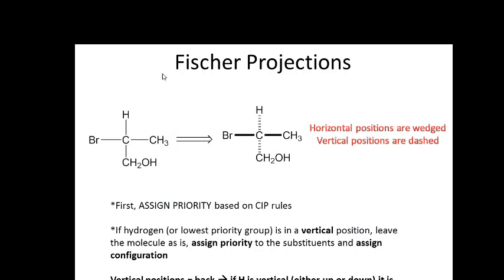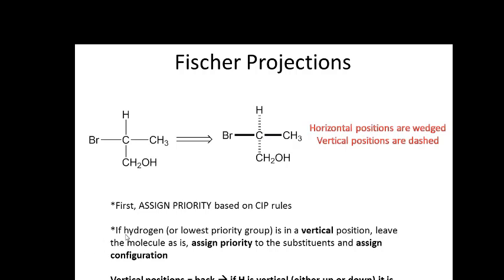All right. So in a Fischer projection, it's important to understand that the horizontal lines here and here are wedged, and then the vertical lines are dashed. That means that the vertical lines are going back into the page, and the horizontal lines are coming out of the page. And so assigning configuration to a Fischer projection is very simple.